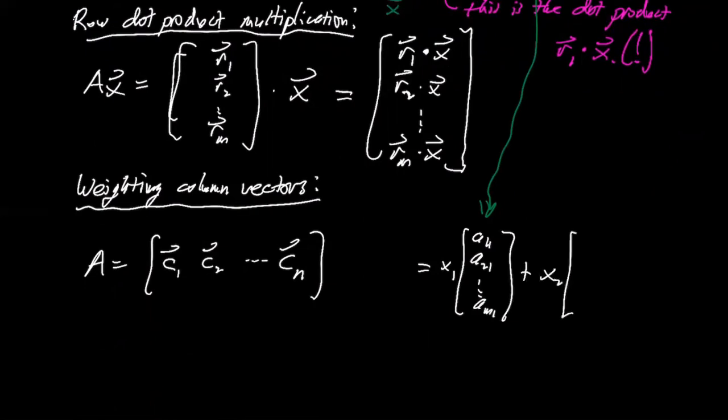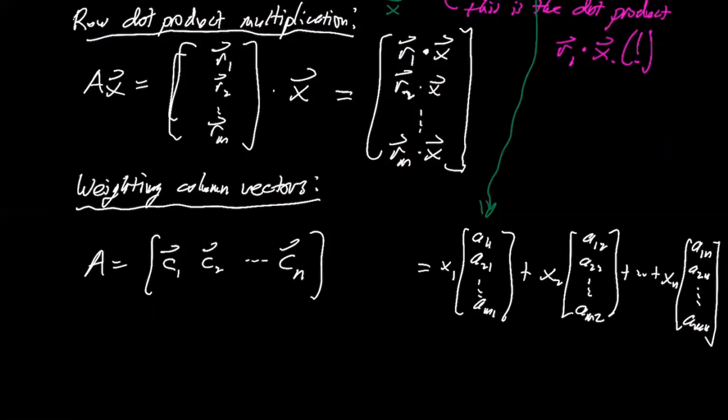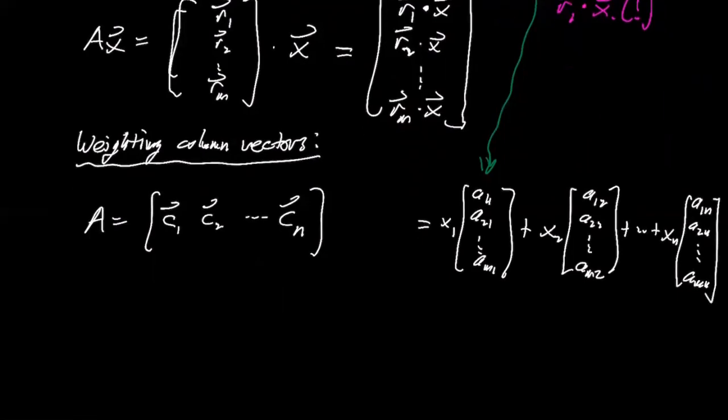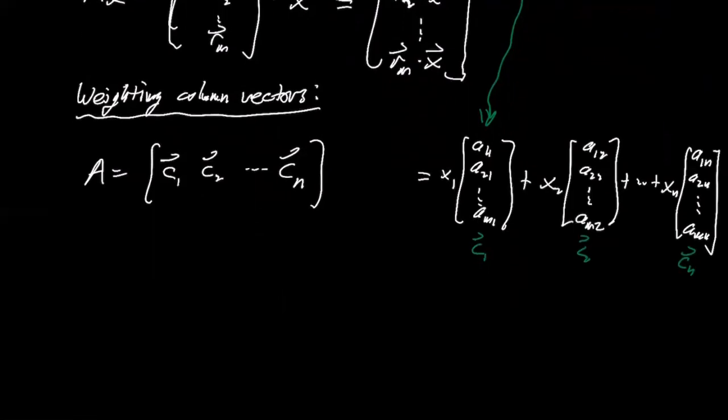This is how we first rewrote a system of equations as a linear combination of vectors. But this is really just C1, C2 through Cn.